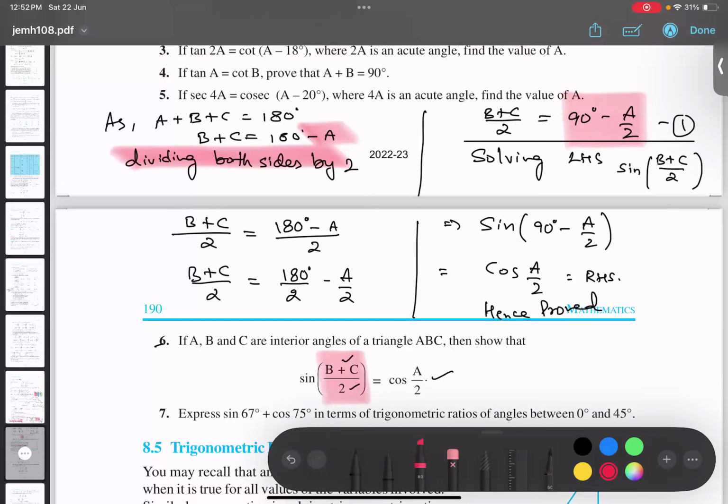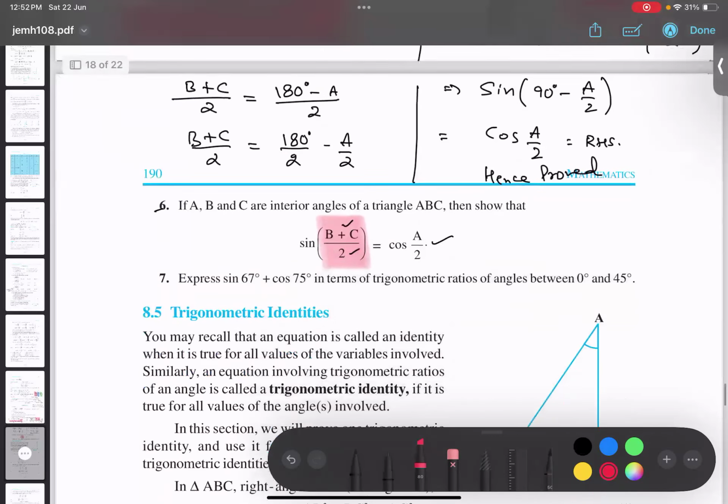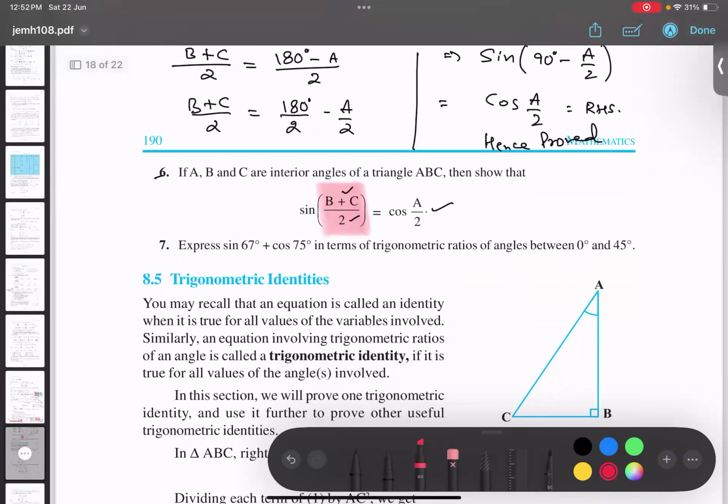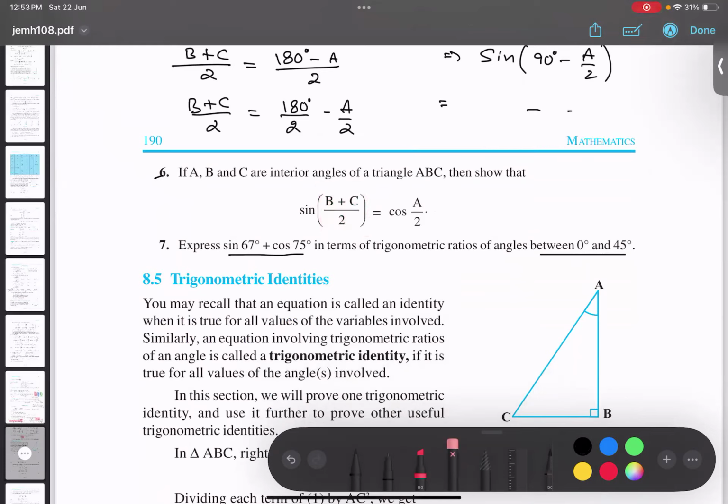Express this between 0 and 45 degrees. What they are trying to say is just use the 90 minus theta formula and convert both angles to less than 45. As simple as that.